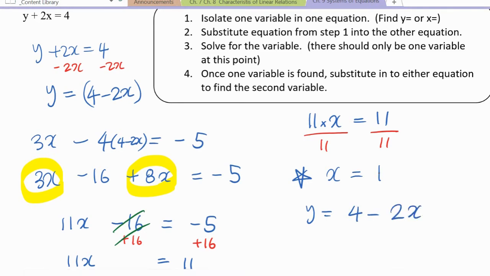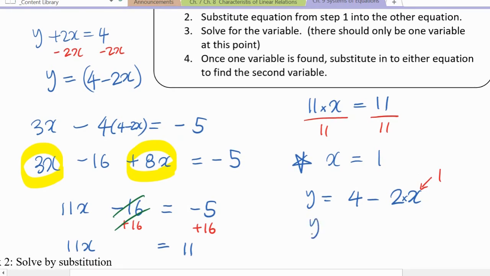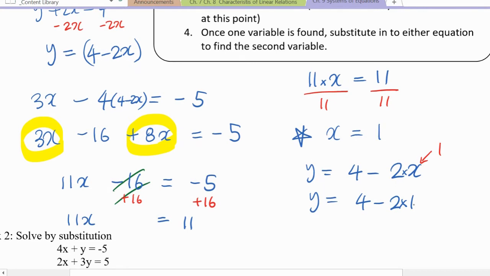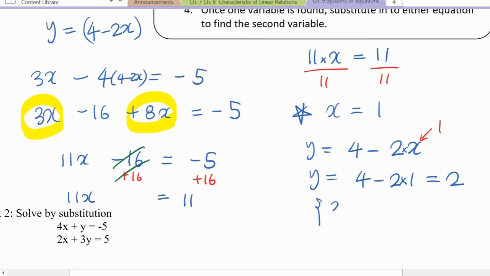So we're going to plug 1 into x. We know multiplication is hiding here. Then y equals 4 minus 2 times 1. 2 times 1 equals 2. 4 minus 2 equals 2. So the answer is x equals 1, y equals 2.